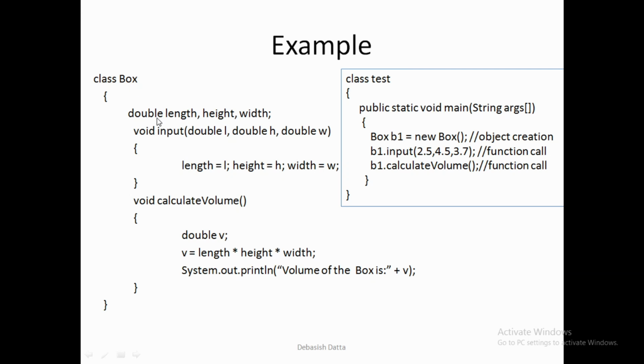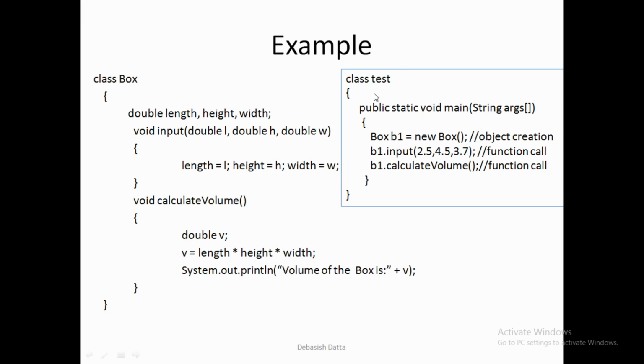It has three variables declared inside it and two functions, namely the input function and the calculate volume function. This is the input function and this is the calculate volume function.